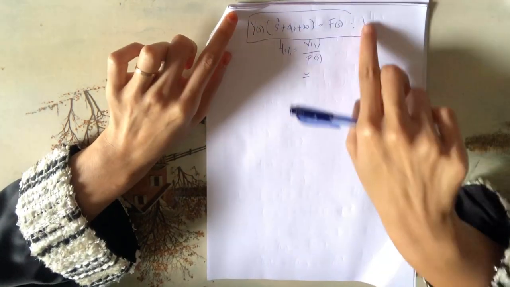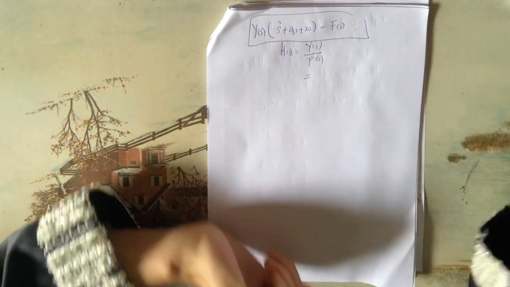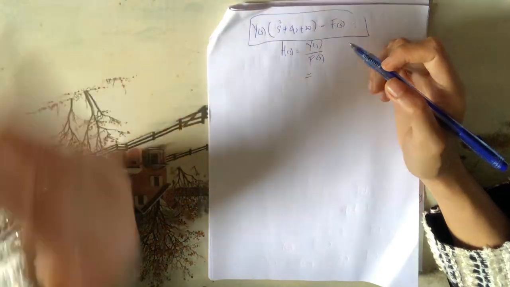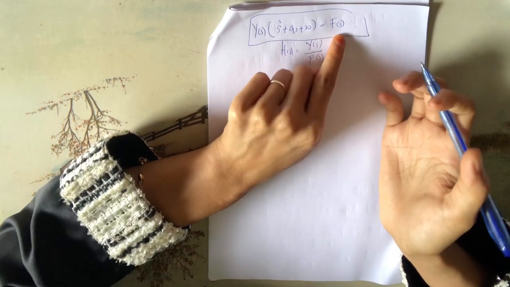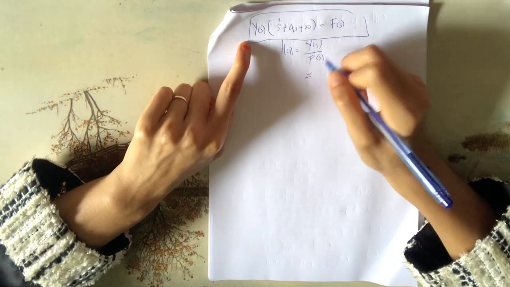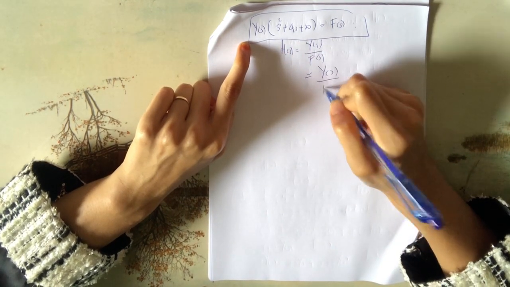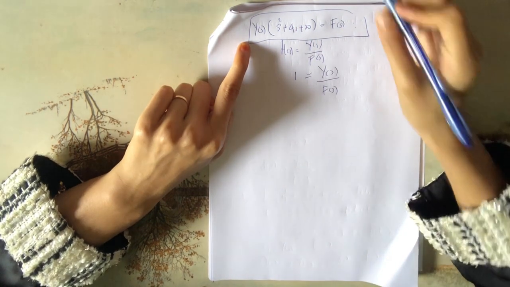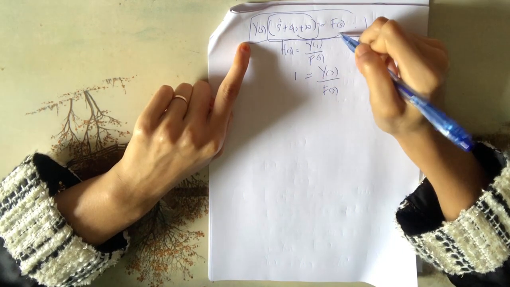What we need to do is move this side to this side, or this side to this side, it's up to you, but you need to have Ys over Fs. Ys is at the left hand side and Fs is at the right hand side. So we bring Fs to this side, and we get Ys over Fs, and at this side it becomes 1.